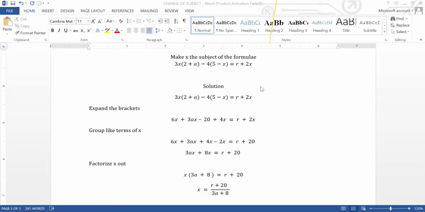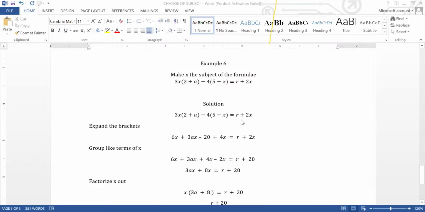Then when you divide, the 3a plus 8 attached to the x will cancel out, and the 3a plus 8 remains on the other side. So therefore x is equal to r plus 20 divided by 3a plus 8.